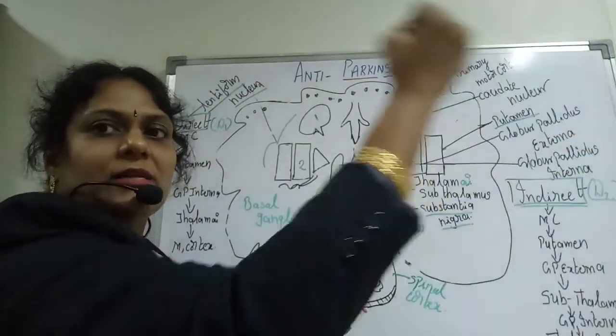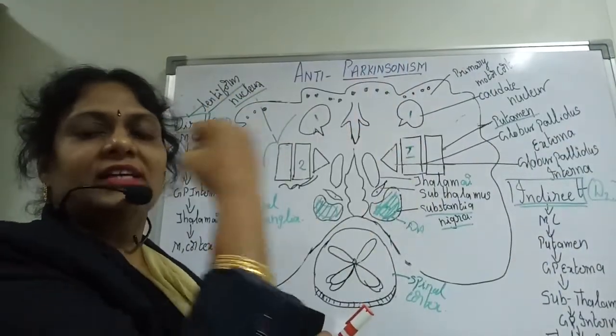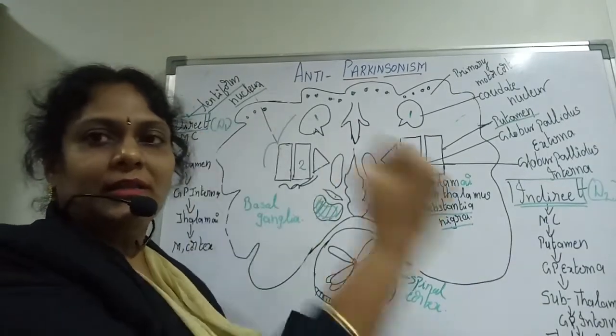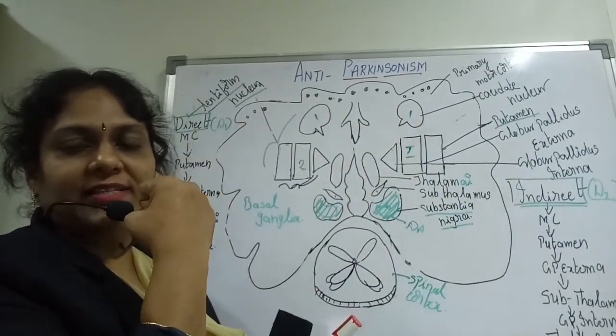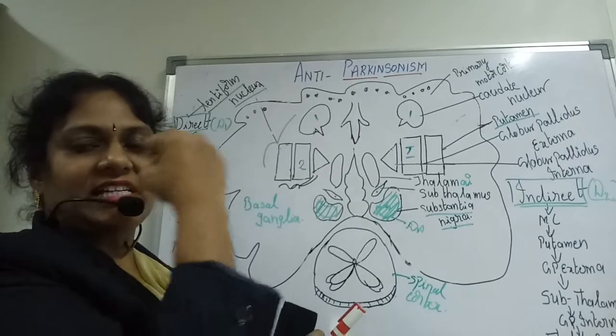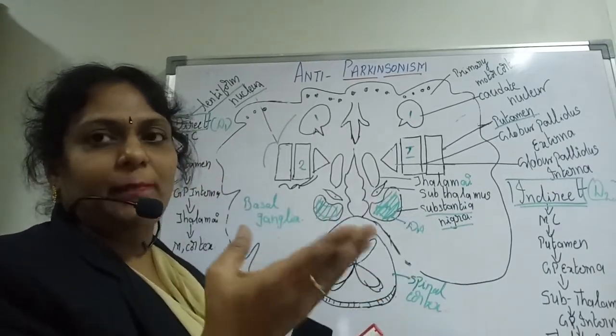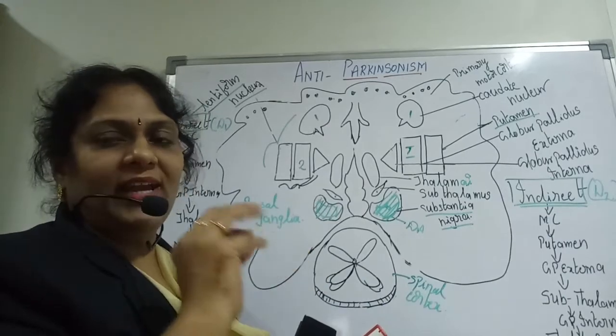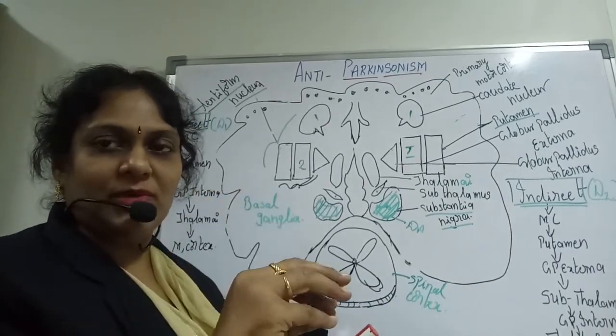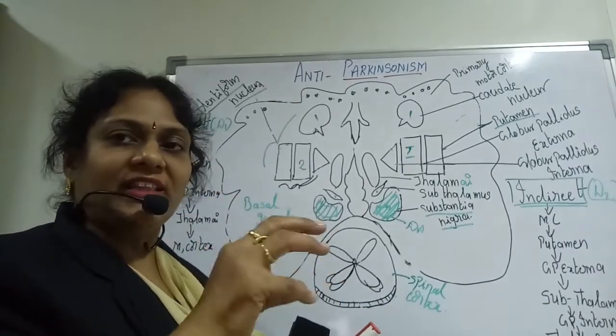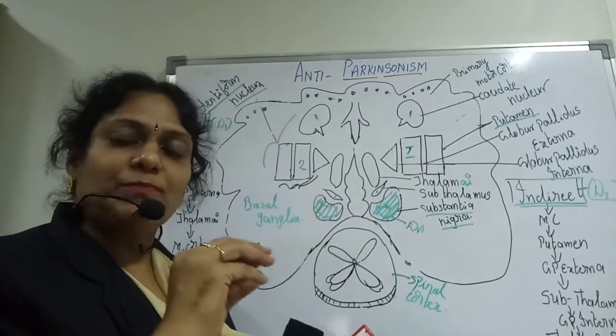That means the biceps muscle has to move the hand up and down. That means one contraction and one relaxation. So these two activities have to be done by the direct and indirect pathway. The direct pathway is acting on triceps muscles, and the indirect pathway is acting on biceps muscles.